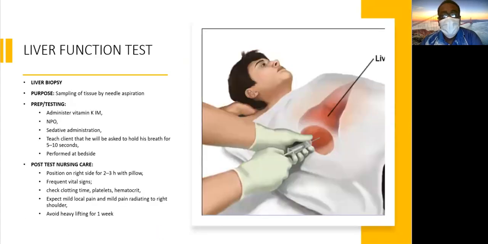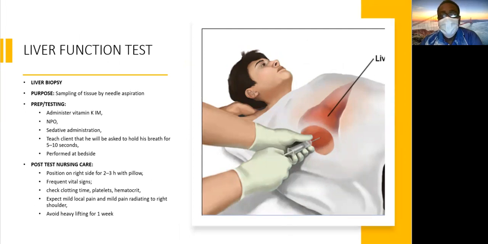We can also carry out a liver biopsy, which is a sampling of tissue by needle aspiration. So you can see the needle sampling the liver. We want to administer vitamin K by intramuscular route to decrease the chance of hemorrhage. So that's part of your pre-care.